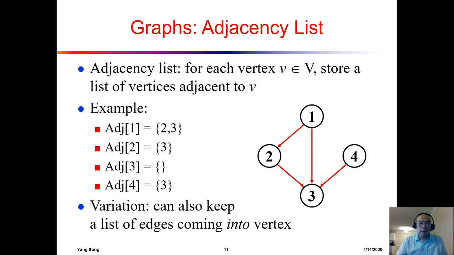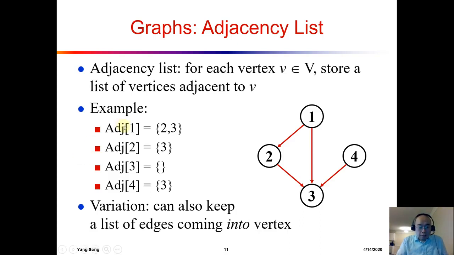For example, the adjacency list with index 3 was empty because there are no edges going out from node 3. With this variation, instead of storing the nodes that we can go out to, we record the nodes from which we have incoming edges.